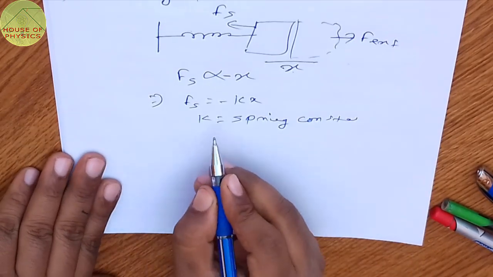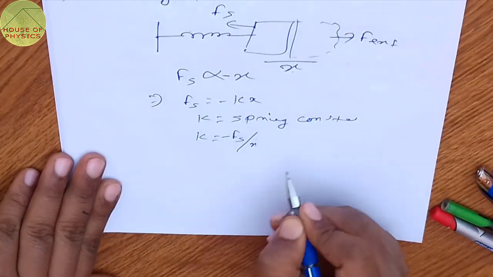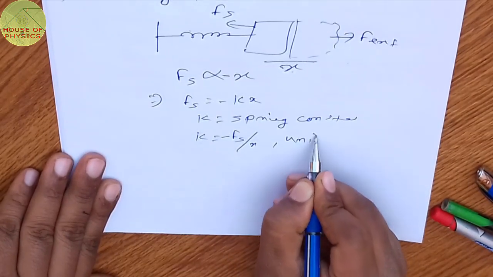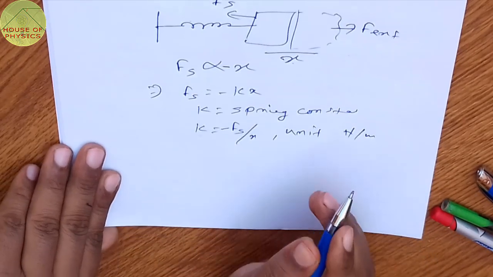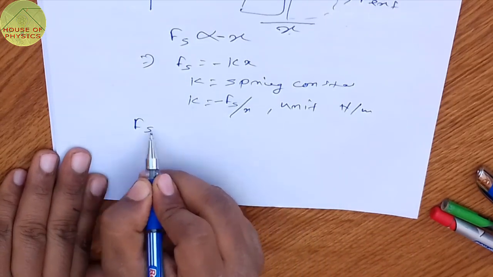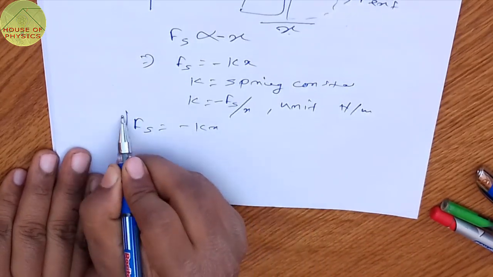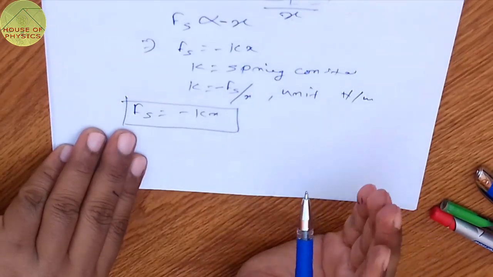The spring constant will be equal to Fs by x, so its unit will be Newton per meter. The final spring force is equal to minus k into the net elongation in the spring. I will be discussing all these things in a proper way.